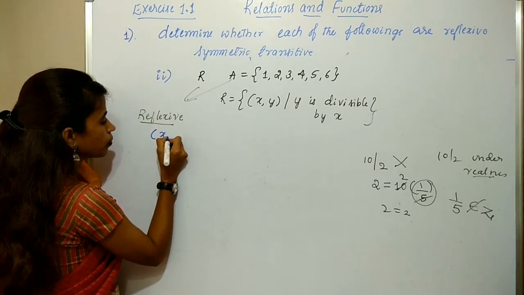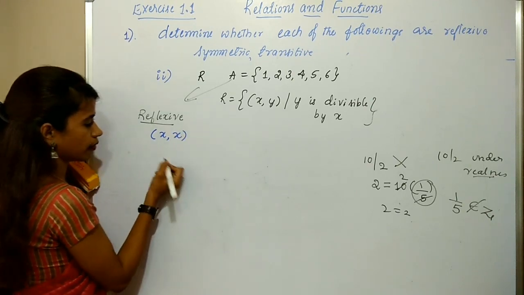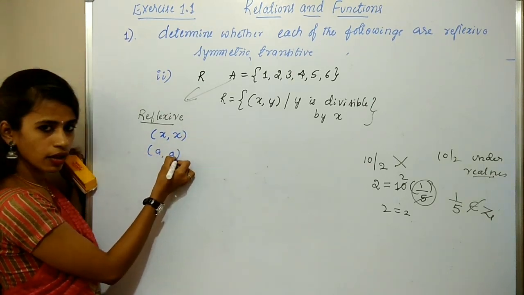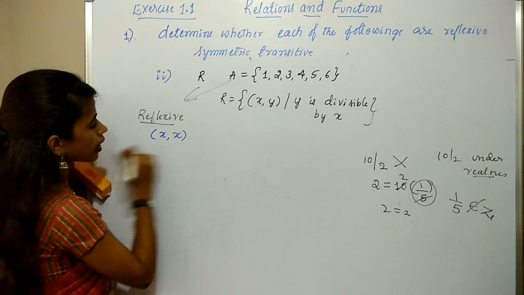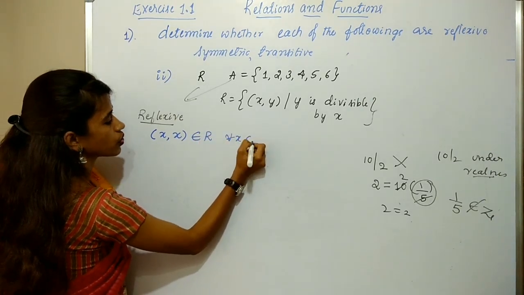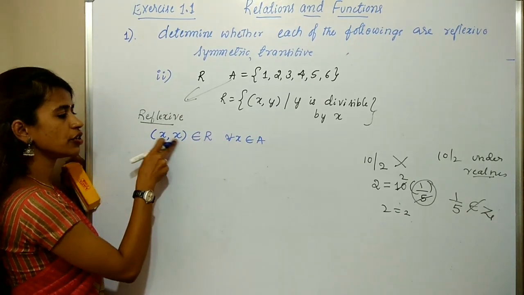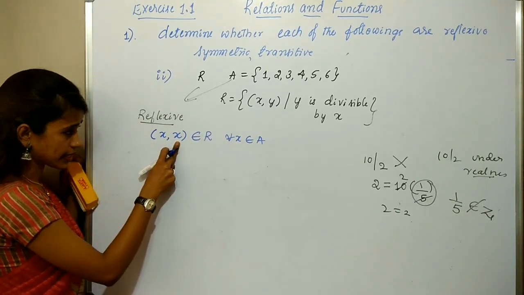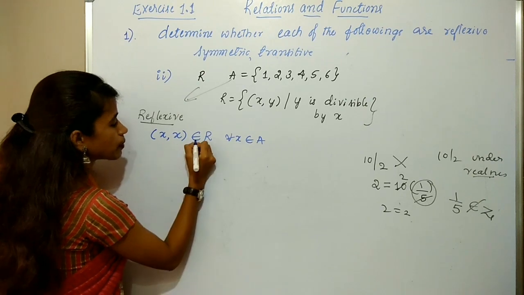Reflexive means the element with itself, that is A with A. So is x comma x belongs to R for all x belongs to A? Take any element which divides itself. Yes, because this belongs to R.